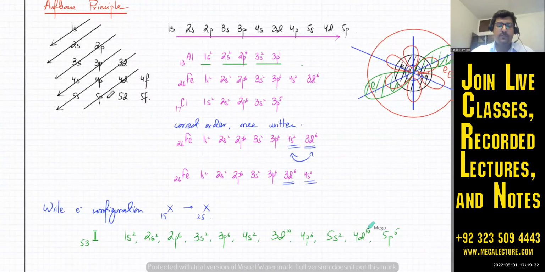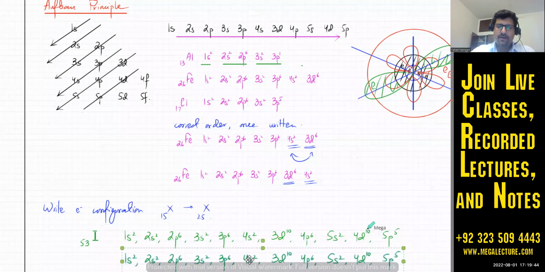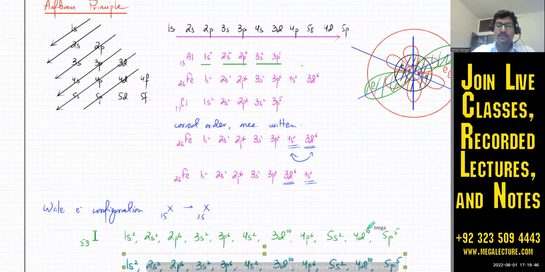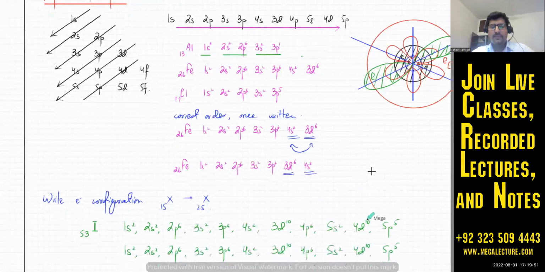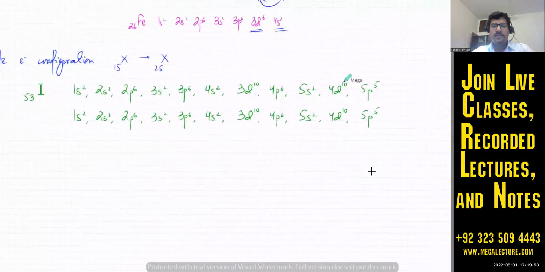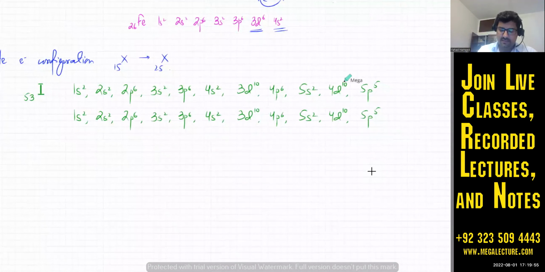And make sure once you're done, you correct the order. Although it throws away an irrelevant step, it's always good to. Once you've written down the electronic configuration, just correct the order.